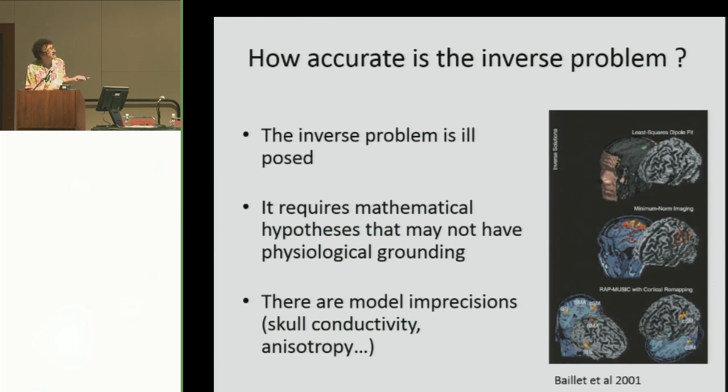In particular, the minimum norm solution assumes that you have minimal energy of the sources, which may not be physiological. And there are, of course, imprecisions in the model. When you build the model of the head, as Scott was mentioning this morning, you don't know precisely the skull conductivity or whether you should add anisotropy of the tissues to take them into account.